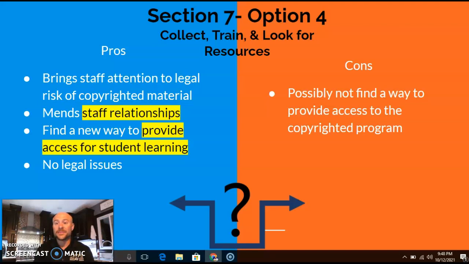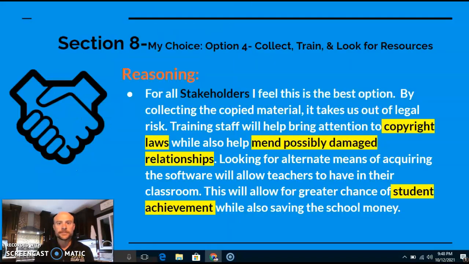Cons, possibly not find a way to provide access for that copyrighted program. If we can't find funding or if the copyrighted material cannot be easily accessed, it could ultimately not allow it for the single-use classrooms. My choice is going to be option 4, to collect, train, and look for resources.